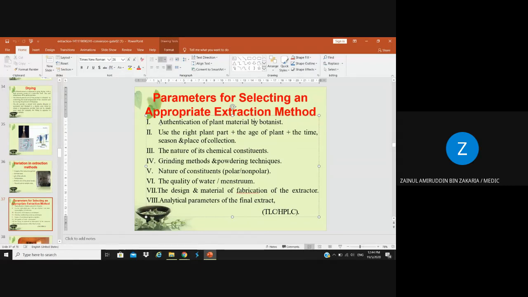Sometimes you might say it is plant A, okay? But there are certain varieties on the same species, different varieties. So you need to go to a botanist to confirm whether you are using the exact plant.